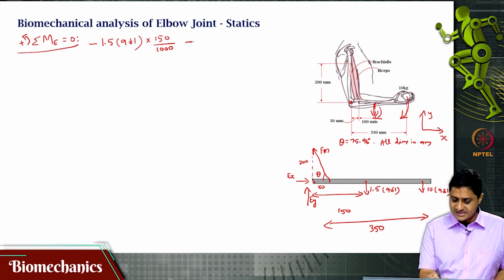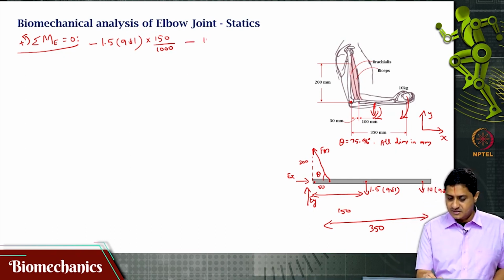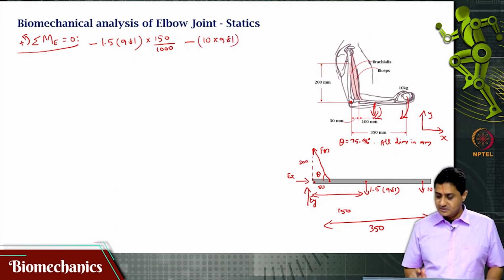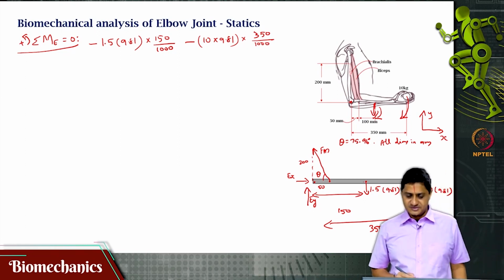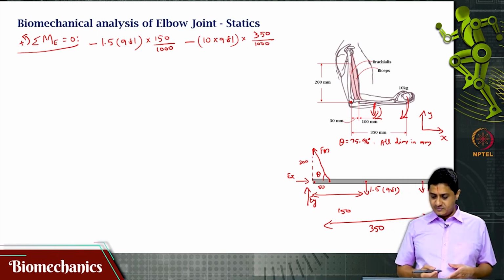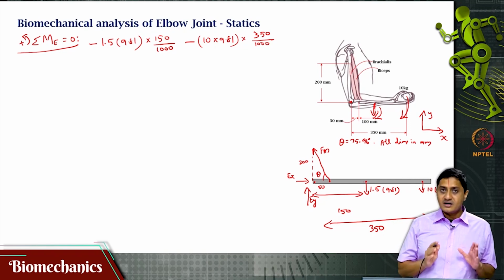So, again minus 10 into 9.81, this is the weight, times the total distance from the elbow joint, 350 mm, or rather 350 by 1000, or 0.35 meters. Okay. Are we done? No, we are not yet done.